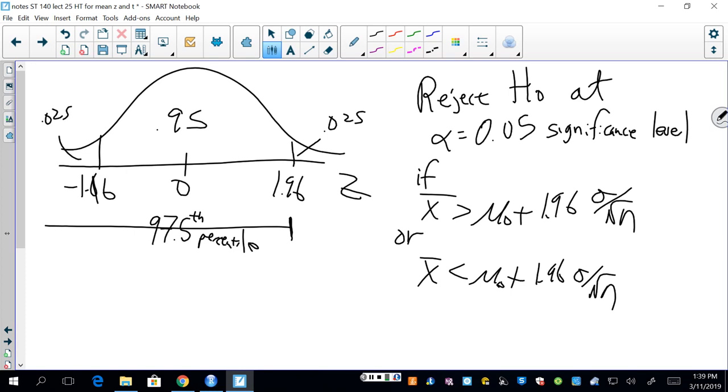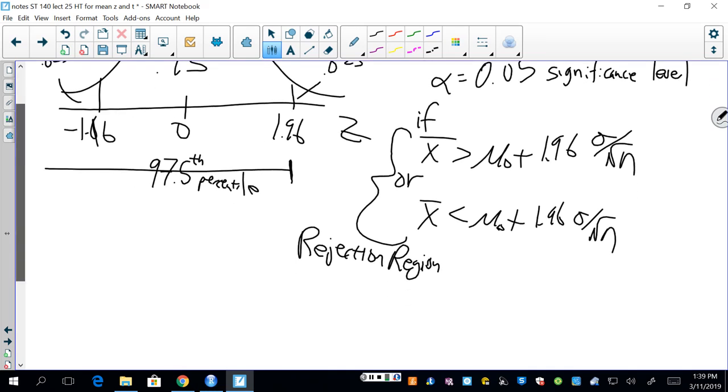This is assuming we know sigma, and we can use the normal. These two areas define the rejection region, which is just the values of x bar so that we would reject the null hypothesis, that they're far enough away from u sub 0.